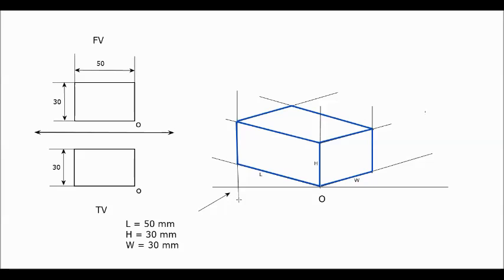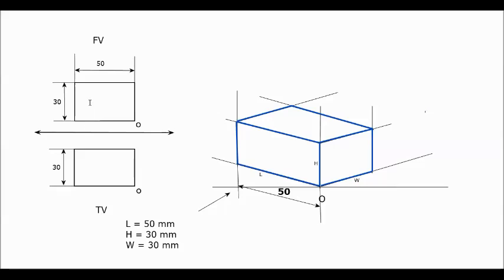For giving the length, you have to draw the projection lines on both end points of the length. Then you have to draw a dimension line which is parallel to the 30-degree inclined line, like this. And then you have to give the dimension.